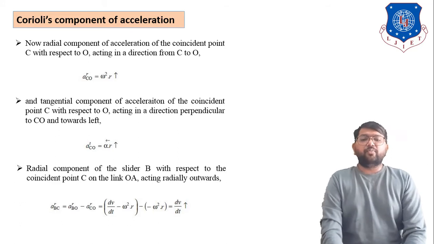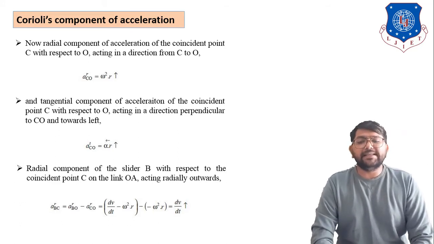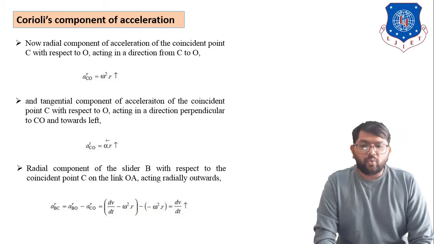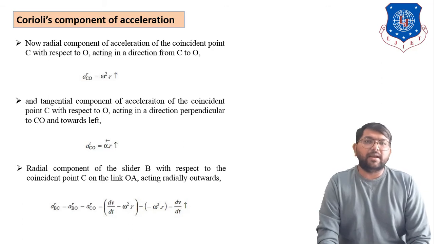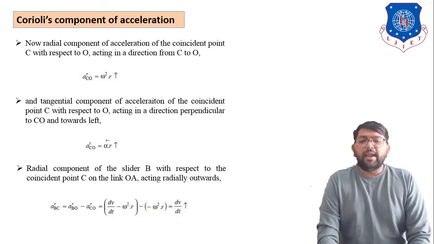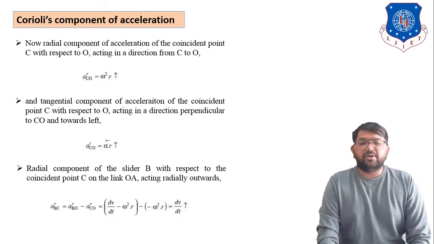Now radial component of acceleration of coincident point C with respect to O, acting in direction from C to O. That is acceleration at CO is equal to omega square into r in upward direction, and tangential component of acceleration of the coincident point C with respect to O, acting in direction perpendicular to CO and towards left, acceleration at CO is equal to alpha into r in upward direction.